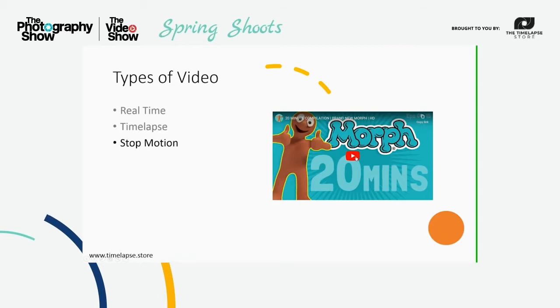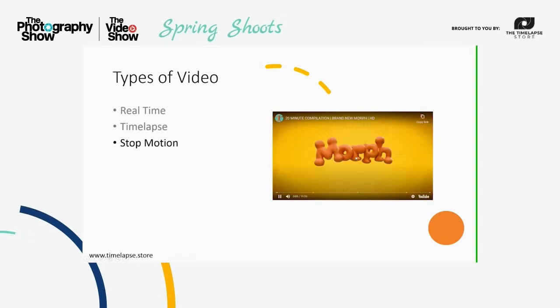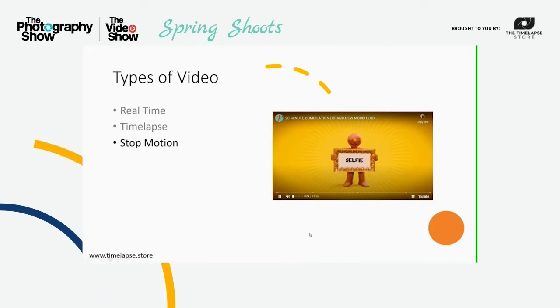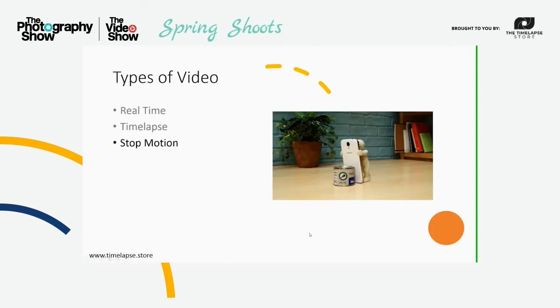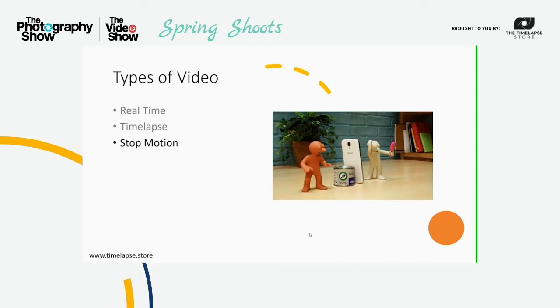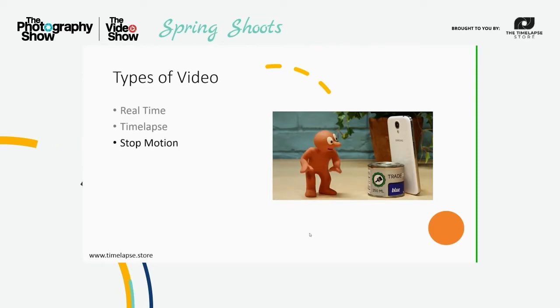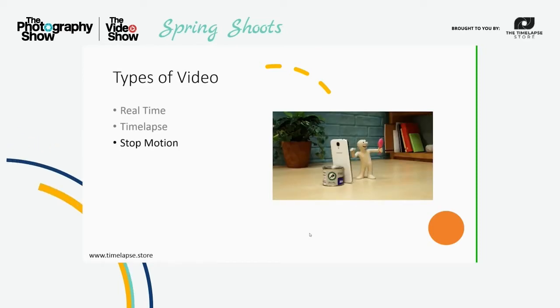So stop motion is essentially time lapse, and you can achieve the same thing with a manual intervalometer, but it's quite labor intensive. So unless you actually want something quite specific and you want to control those images, I would say that you probably don't use stop motion and you focus on time lapse.